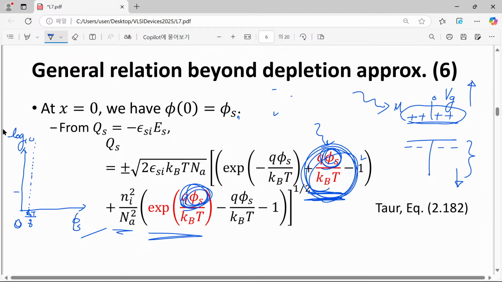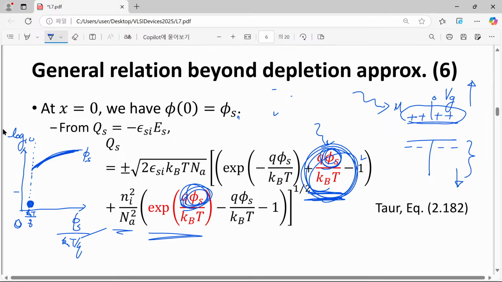If I take a semi-logarithmic scale of these two terms, then we will have a quite slow behavior of our surface potential related term, divided by kBT over Q, and the second term starts from far behind it.